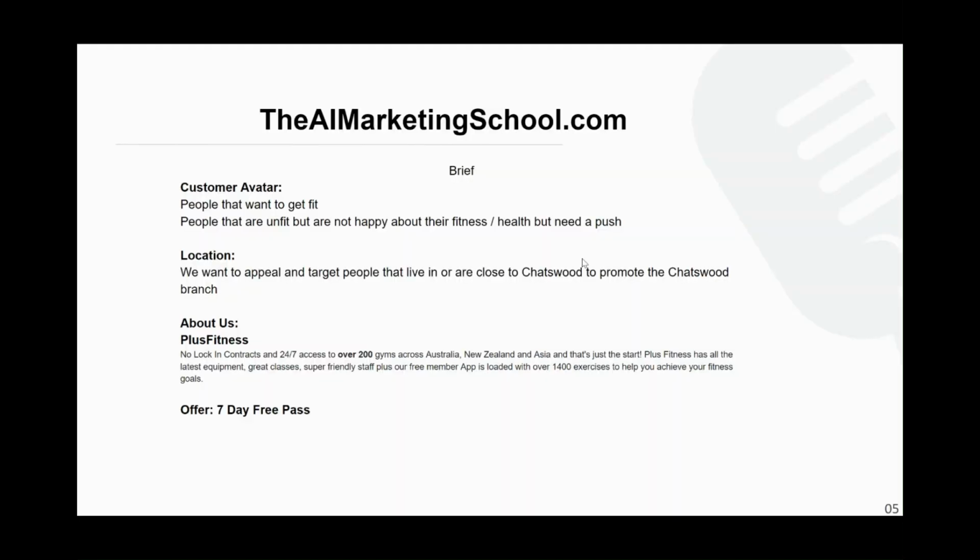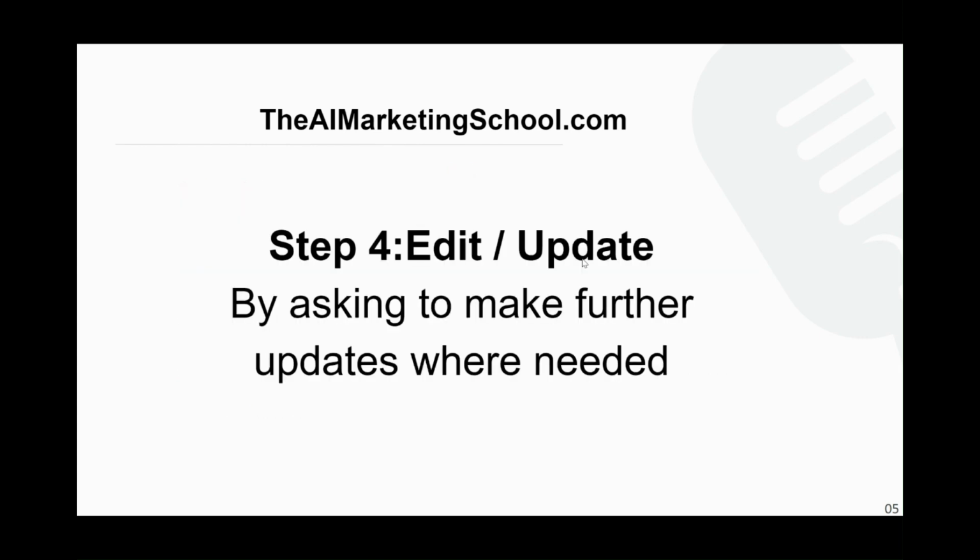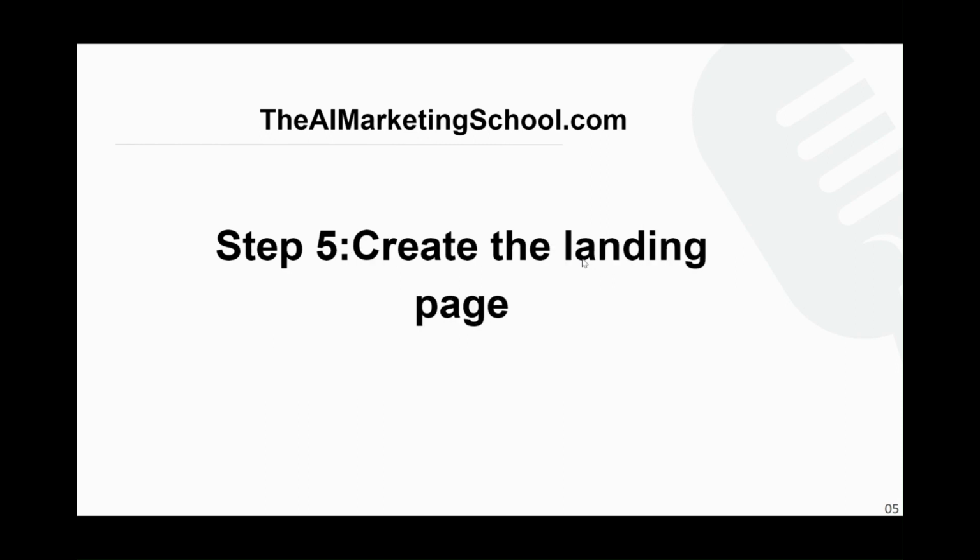So by using this simple brief here with customer avatar, location, about us, and the offer, we were able to create version 1 of the sales copy, landing page copy. And then looking at that, we further iterated by asking it to make it longer, addressing more pain points.